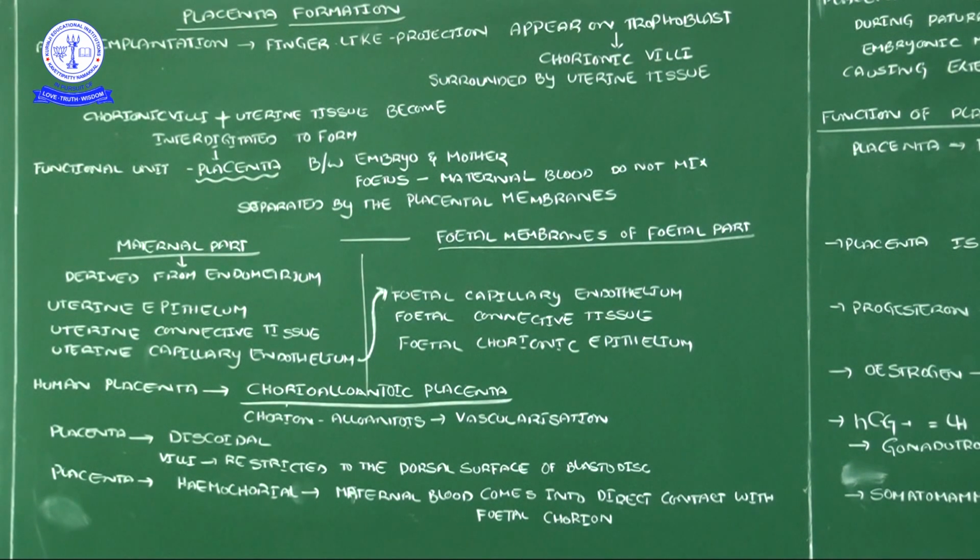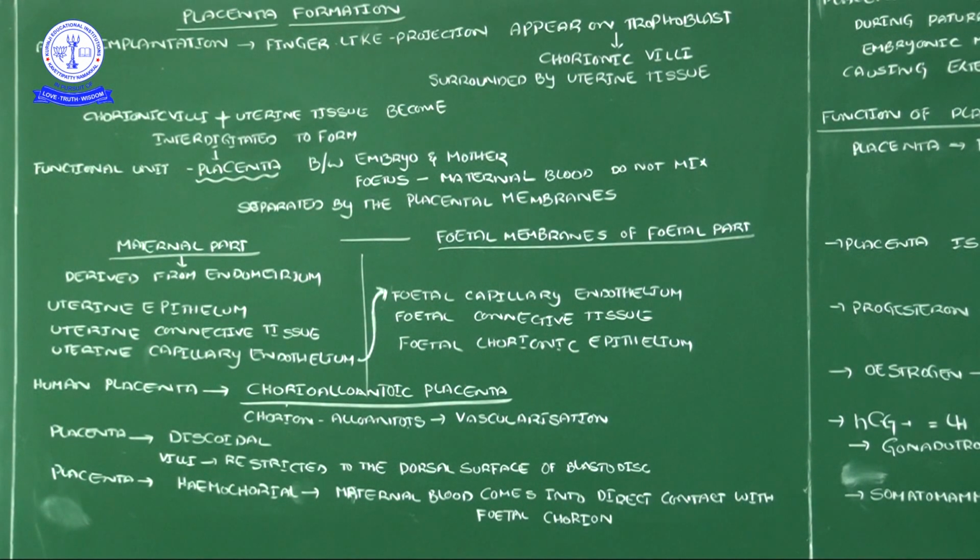One character explanation is complete. Again, the human placenta is called discoidal. Discoidal means the appearance of the placenta is just like a disc. For your imagination, I will give an example. When cattle deliver a baby, after the delivery a white colored mass comes out. That is what we call the placenta.